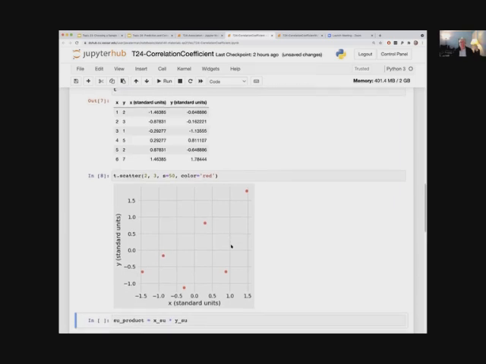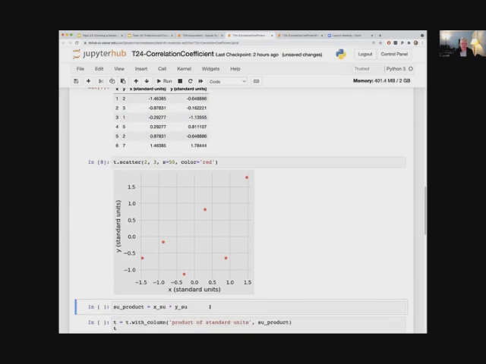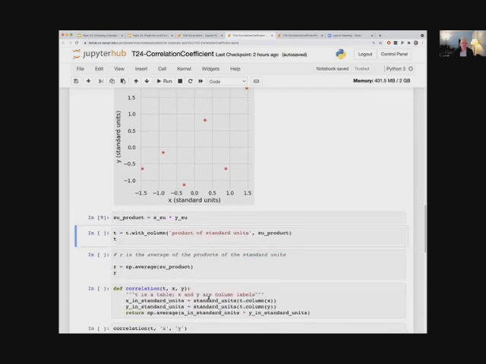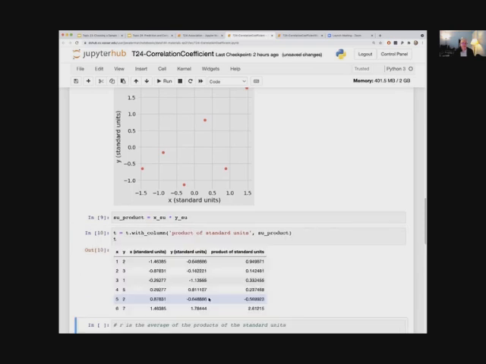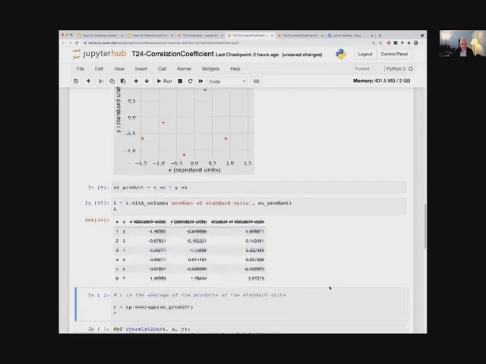Okay, so to get the correlation coefficient, we convert to standard units, and then we take the product of that array, and we take the average of that product. Here we've calculated the product, and now we can add it for all of our data points. So here we have the product for each of our X and Y pairs.